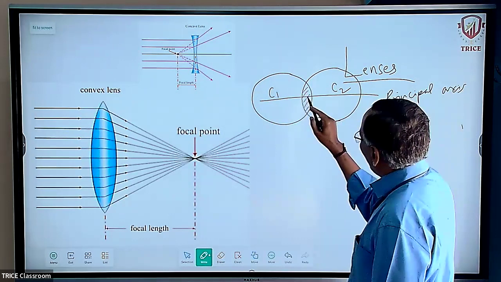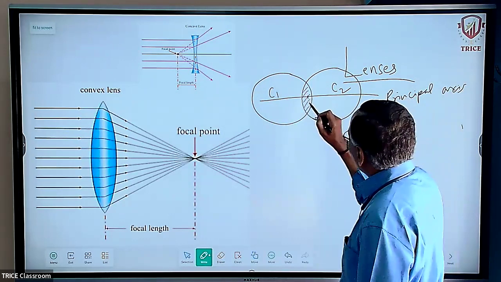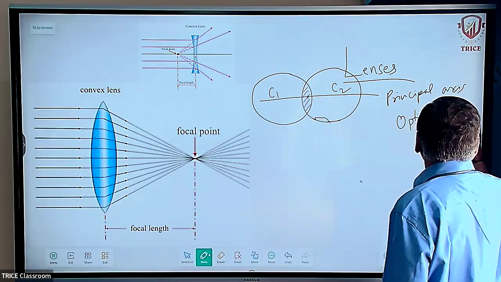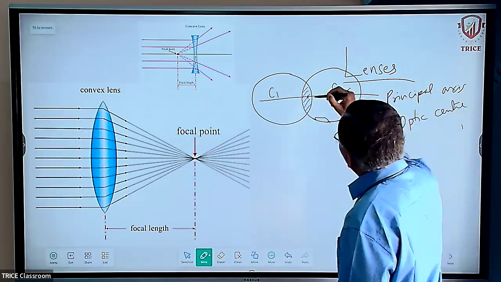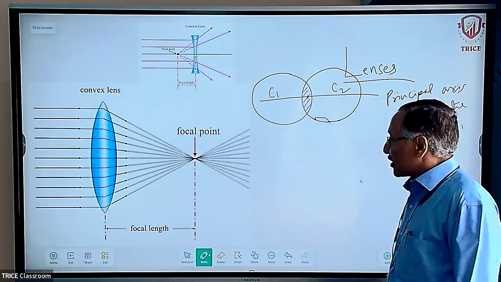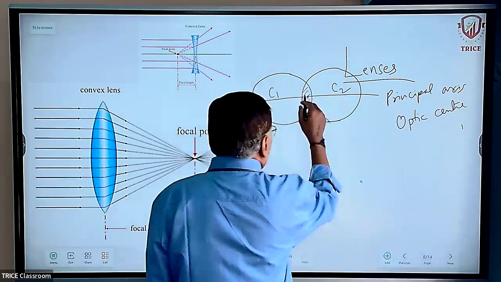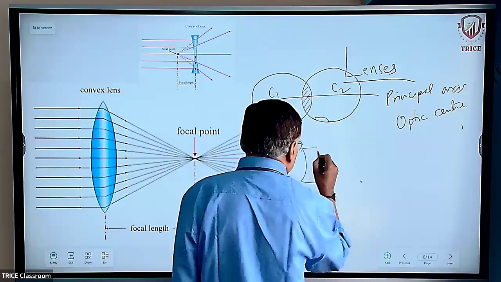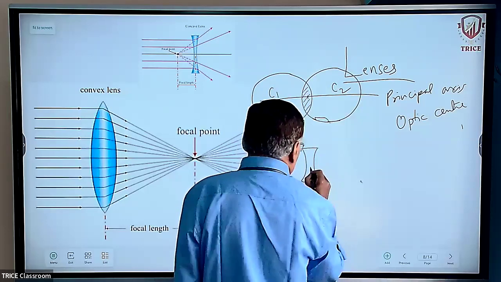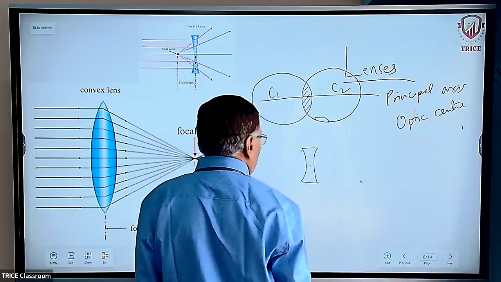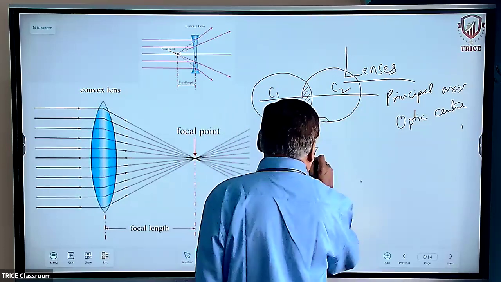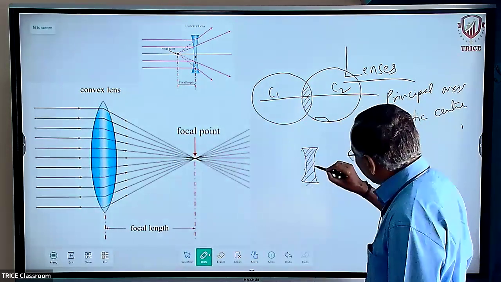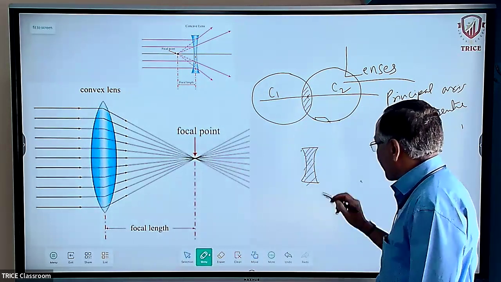The center of the lens is called the optic center, whether it is a convex lens or a concave lens. This is optic center, this is optic center.